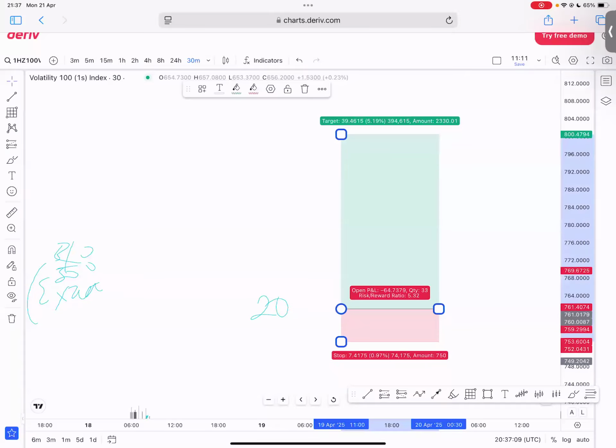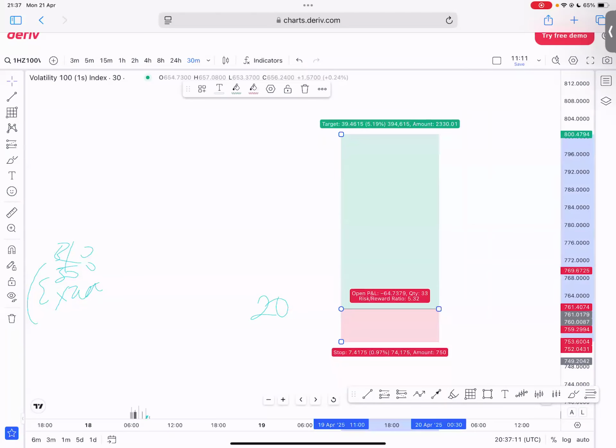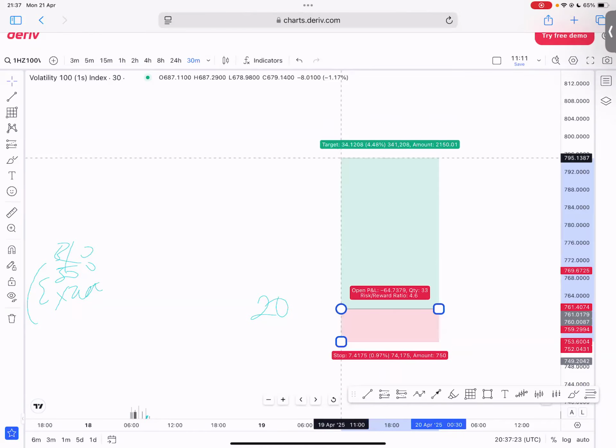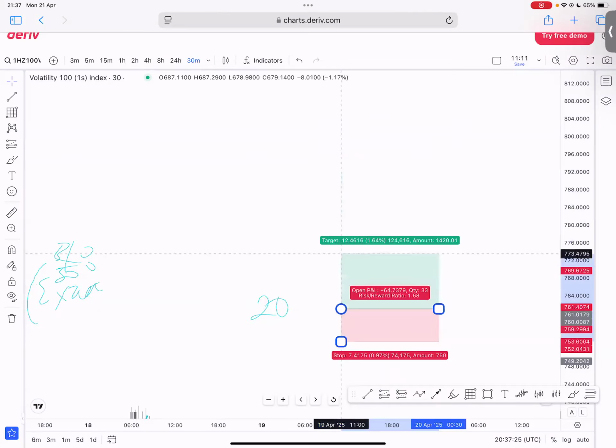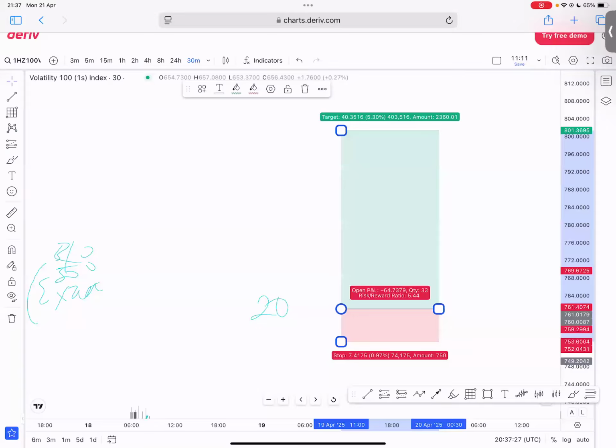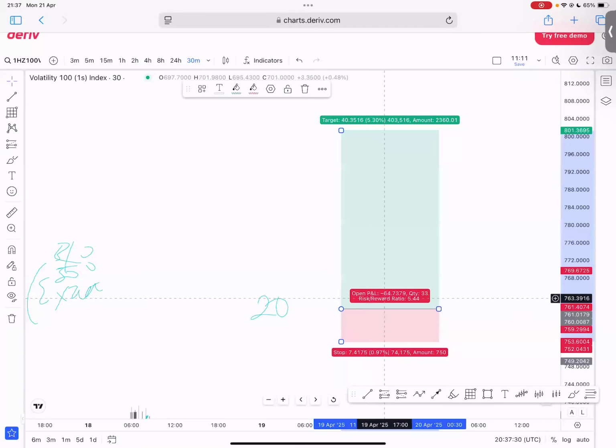This is a trade. By the way, I just remembered I didn't show you guys how to get your RR. I explained the risk to reward ratio in our classes ago, but I didn't show you. When you're done with your analysis and you place your buy, from your stop loss to your take profit target, you see the place that says open P&L, with quantity 33.